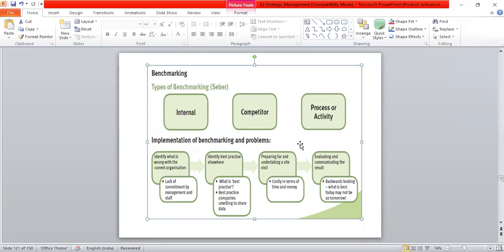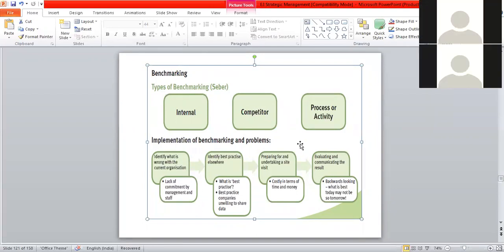Setting standards. Why? Setting standards so that the performance is comparable. But why should this be done? So that the best practices are identified and decided as a standard, so that everybody can look towards it and compare their performance.